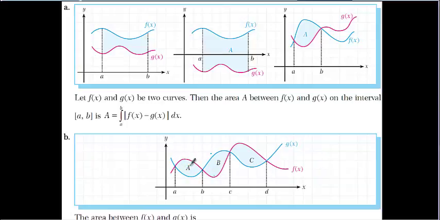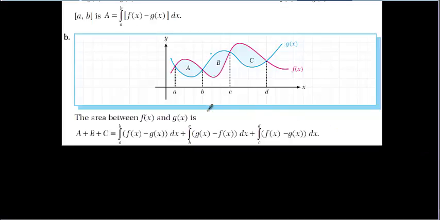In area A, the red one, f(x), is above and g(x) is below, so it should be f(x) minus g(x), as you see here also. Here it should be g(x) minus f(x), because g(x) is above.